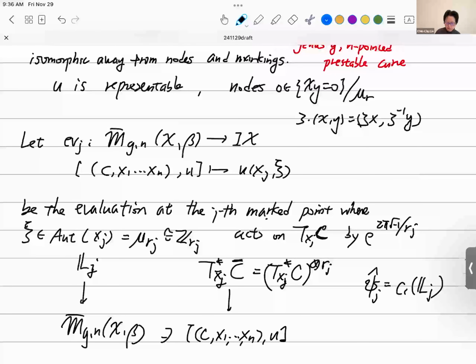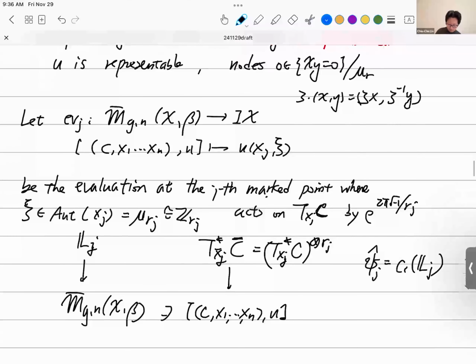So this x_j together with zeta will be a point in the inertia stack of the domain orbifold curve. So the evaluation map lies in the inertia stack.